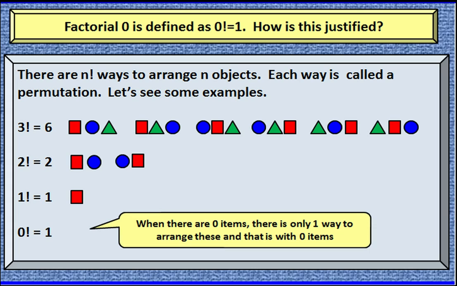For 2 factorial, which is equal to 2, there are 2 ways to arrange 2 objects. For factorial 1, which is equal to 1, there's only 1 way to arrange an object. And when there are 0 items, there is only 1 way to arrange these, and that is with 0 items.